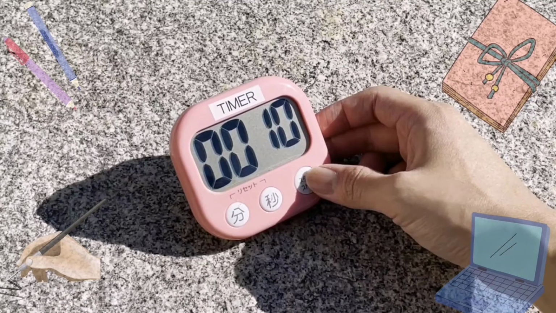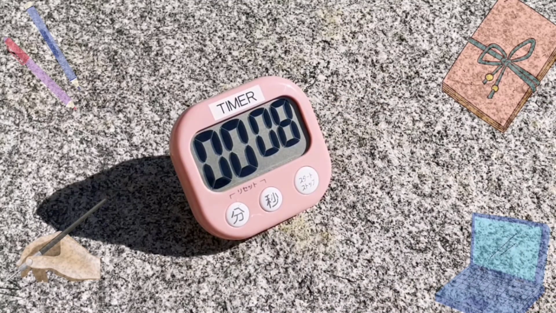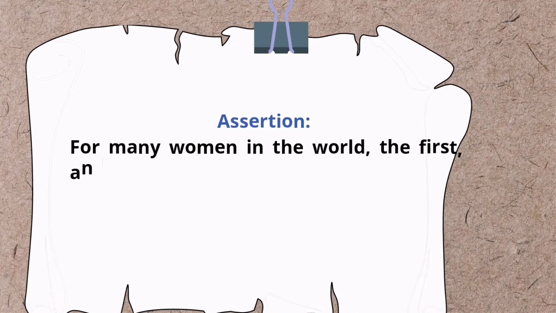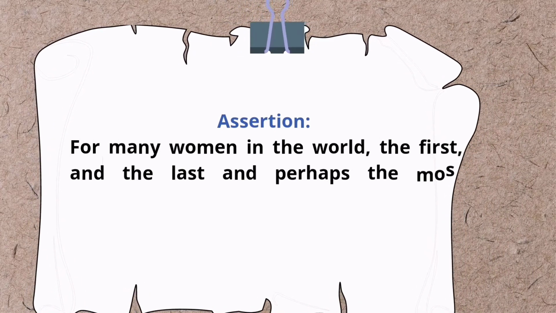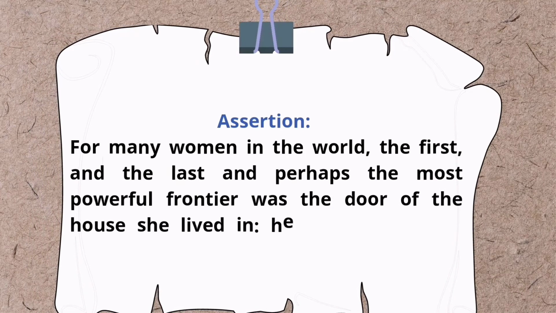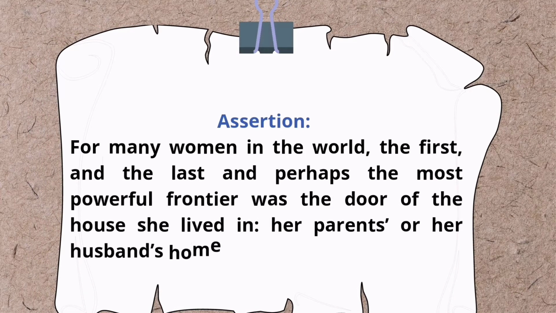So, what is the assertion of this manifesto? Assertion of the manifesto PEN International is, for many women in the world, the first and the last and perhaps the most powerful frontier was the door of the house she lived in, her parents' or her husband's home.